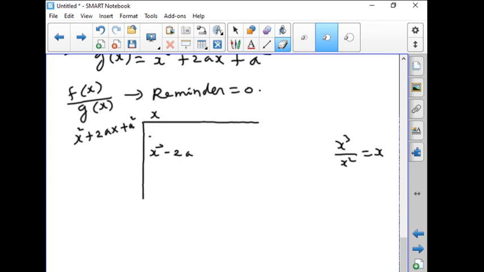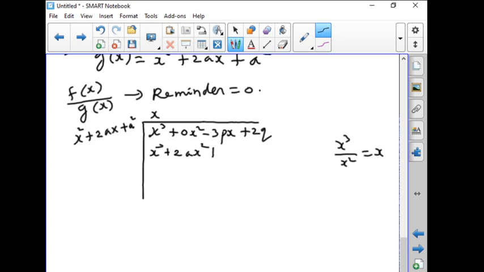We write it as x cube plus 0x square minus 3px plus 2q. No x square term.